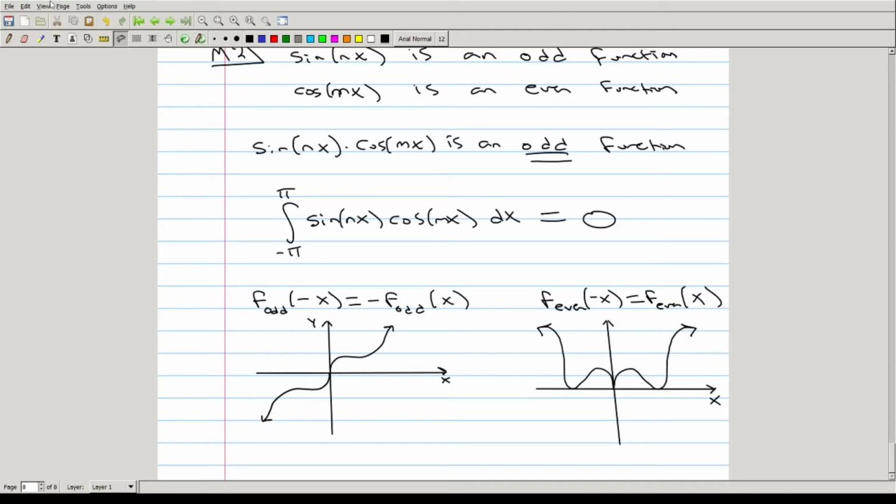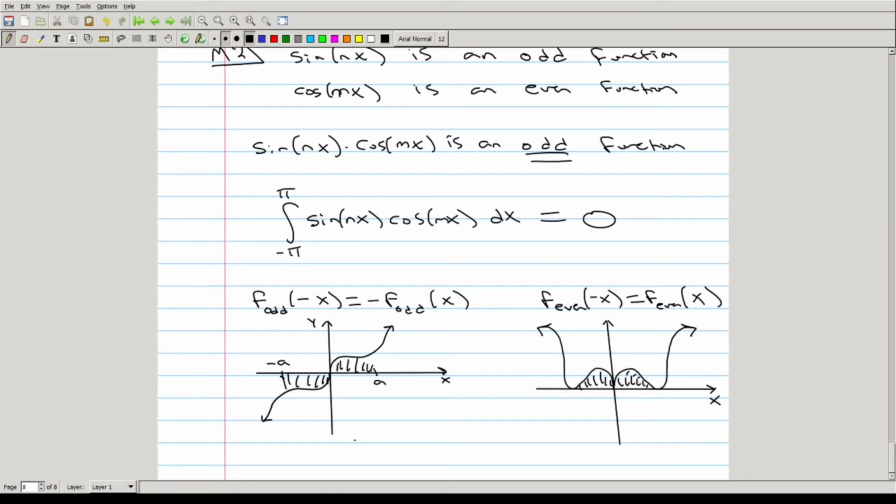So for any odd function, the integral of the odd function over a symmetric interval is going to be 0, and for any even function, we can go through and prove that. So we're going from negative a to a.